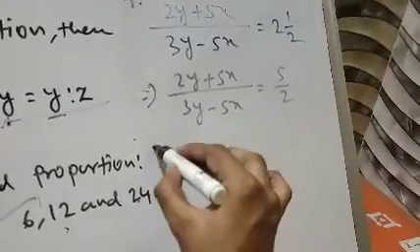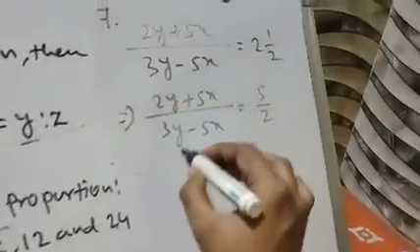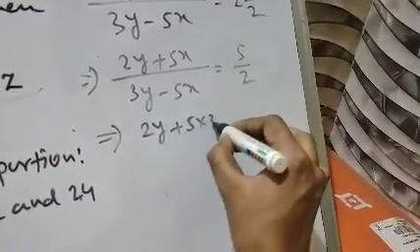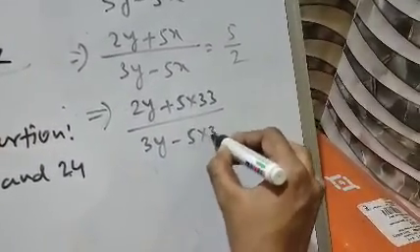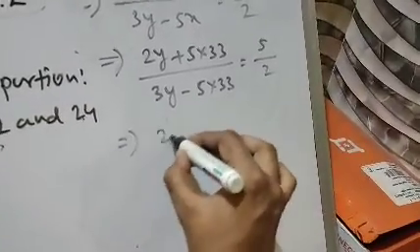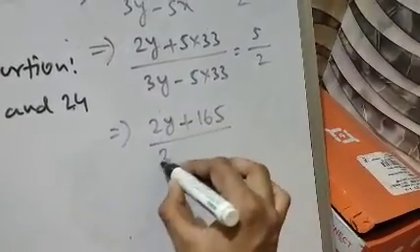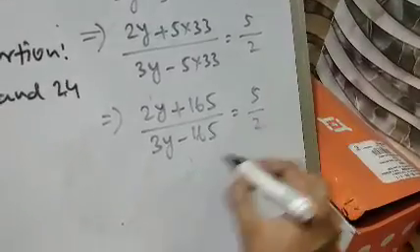Now put the value of x, because the value of x is given as 33. Put the value of x, 33, here. So it is 2y plus 5 into 33 divided by 3y minus 5 into 33 equals 5 by 2. Therefore 2y plus 165 divided by 3y minus 165 equals 5 by 2.